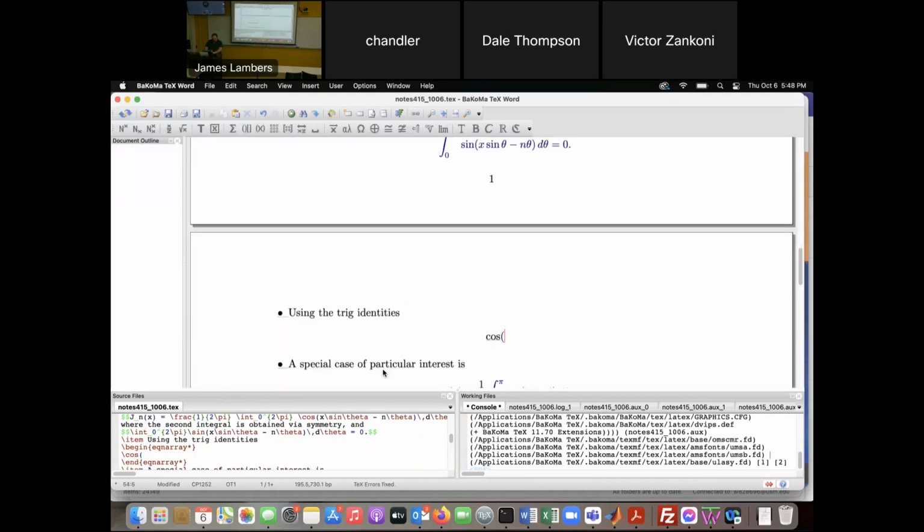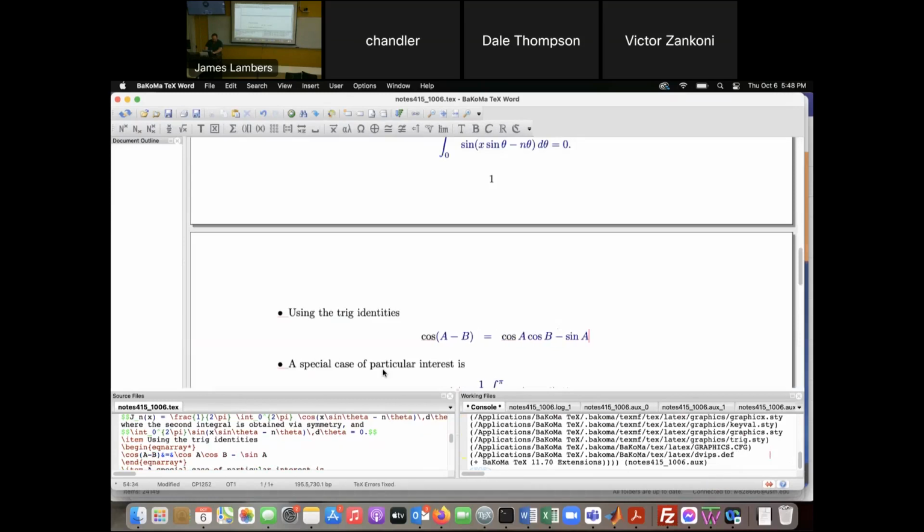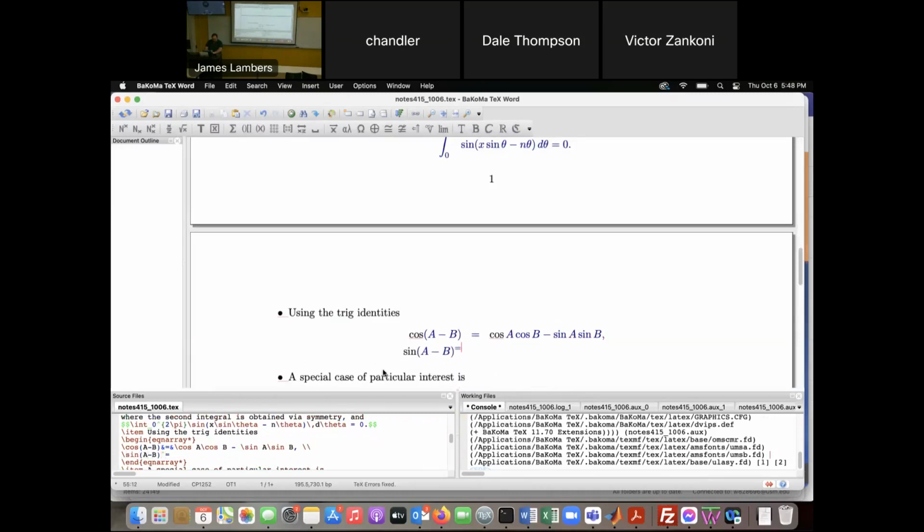So cosine of a minus b, actually it's a plus b that I need here: cosine a cosine b minus sine a sine b. And sine of a minus b: sine a cosine b minus cosine a sine b.